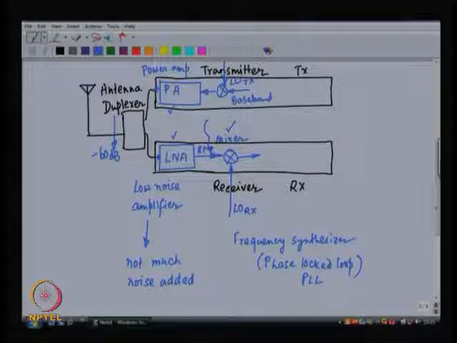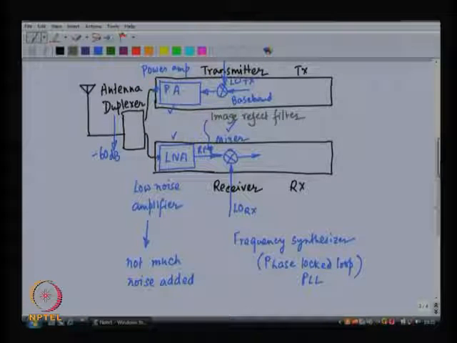This is only if you are using heterodyne or super heterodyne. If you are using a homodyne receiver or a direct down conversion receiver, then you do not need the image reject filter. You can directly go to baseband. However, there are other problems, there are offset problems etc. We are going to discuss all of that also in this course.